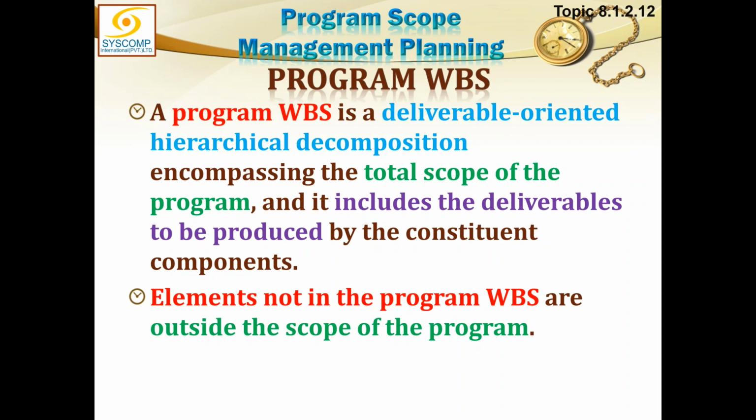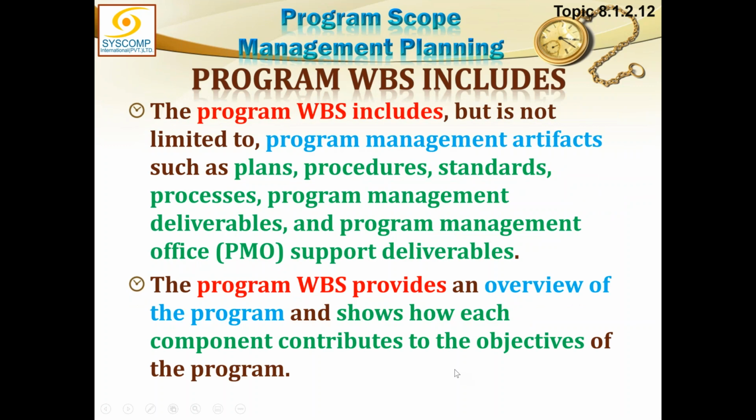How the deliverable will be made is the responsibility of the project. So it encompasses the total scope of the program, and includes the deliverables to be produced by the constituent components. Elements not in the program WBS are outside of the scope of the program. They may be in scope for the project, but they are outside of the scope of the program.